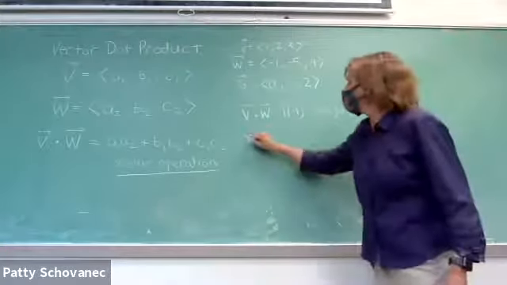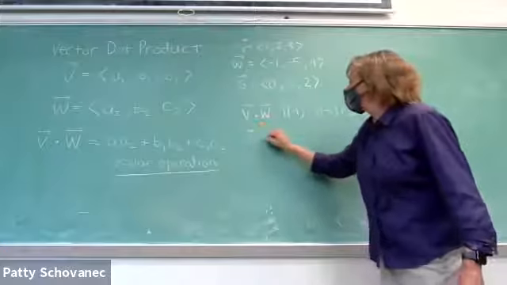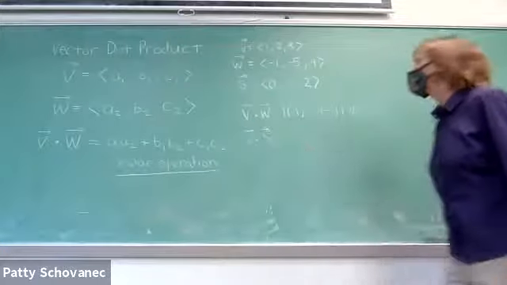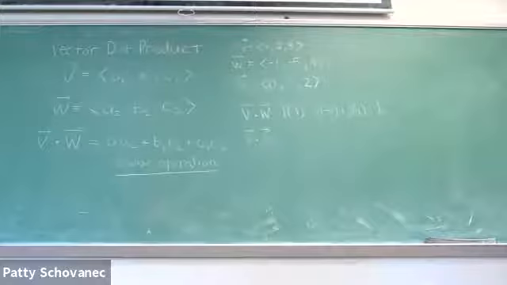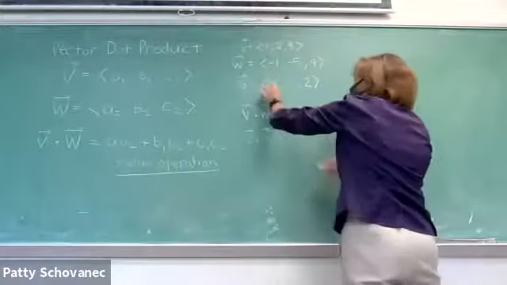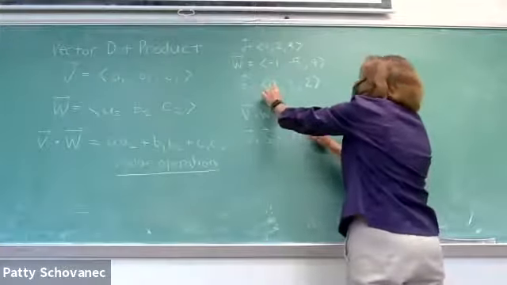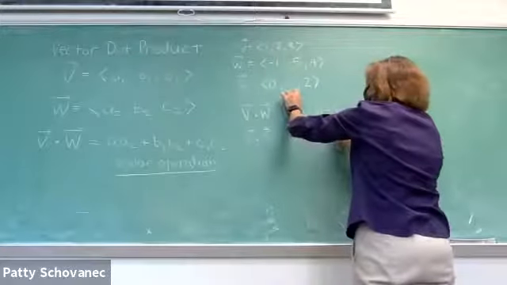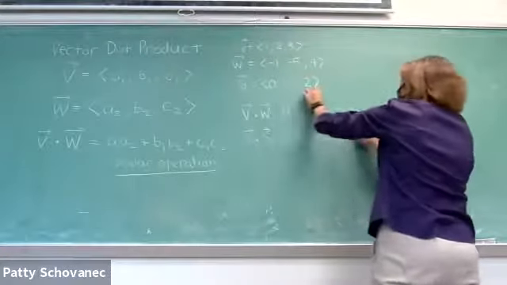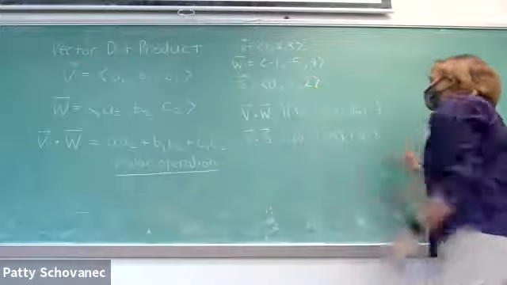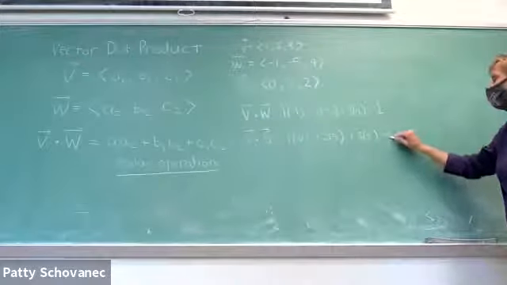So now it's your turn. V dotted with S. You get 12? V dotted S. 1 times 0 plus 2 times 3 plus 3 times 2. So 6 plus 6 is 12.